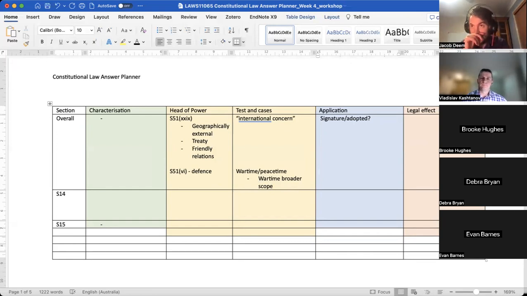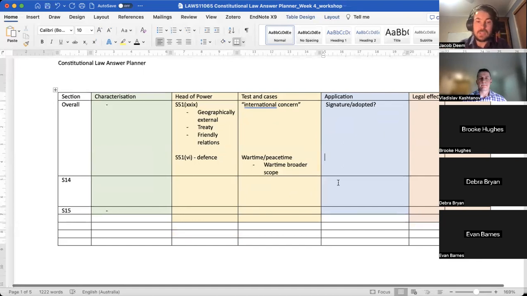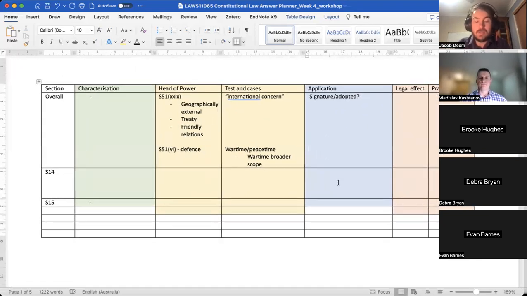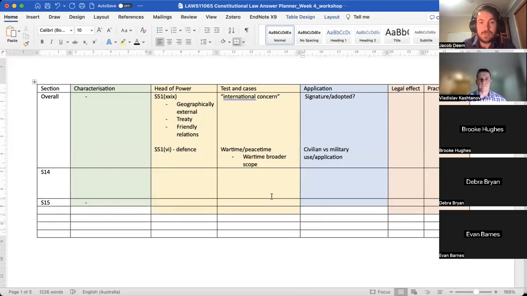So thinking generally, and we'll look at the specific sections as we go through, the legislation tries to get at both, but if we're thinking in terms of the defense power, that might be problematic. Yep. Awesome. What else?